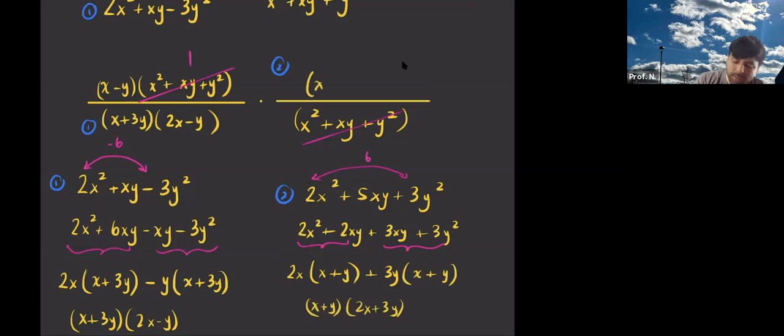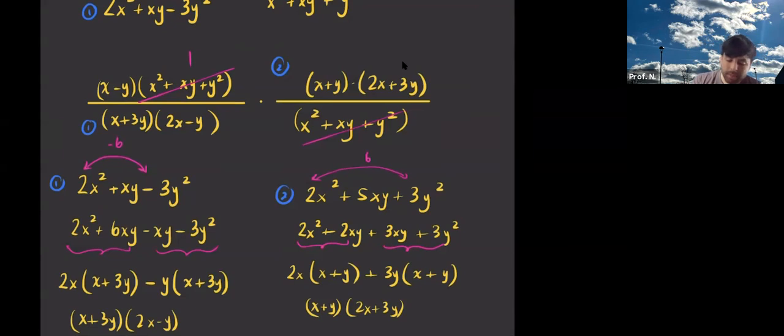So this becomes x plus y times 2x plus 3y, right? Okay. Let me just see if everything works out. It looks right. And then what cancels out?